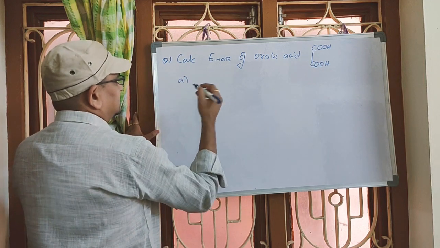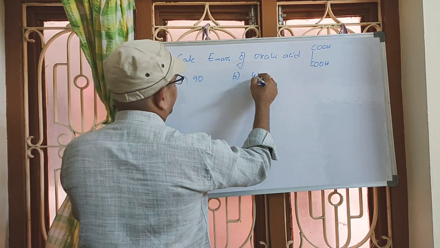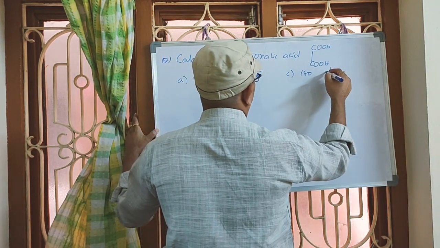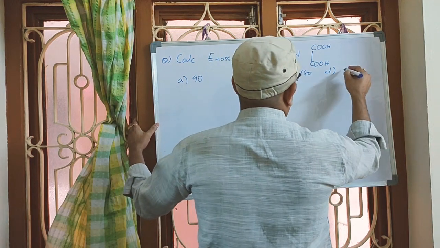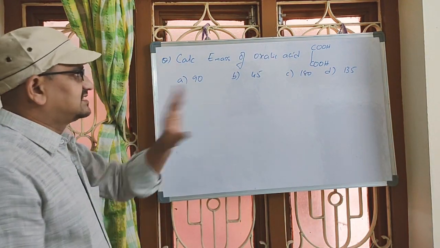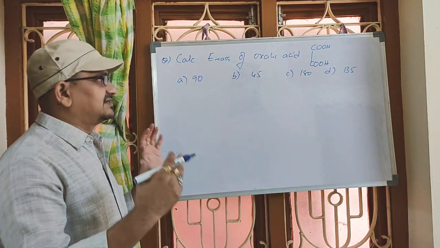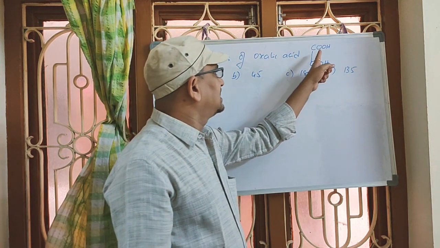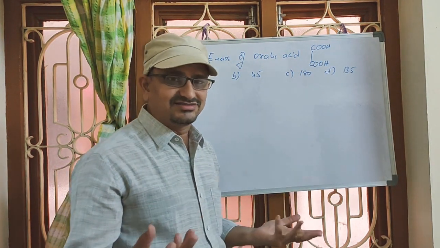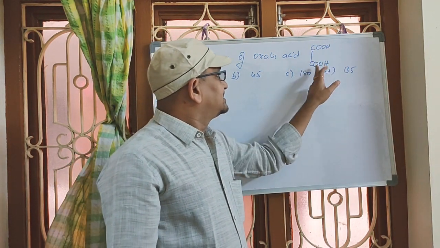First option is suppose 90, second option is 45, third option is 180, and fourth option is 135. Suppose these are the options. So by looking at the options, we can predict something. Now, what is this oxalic acid? COOH twice. We can find its molecular mass, right? It's a molecule. It's not a salt.